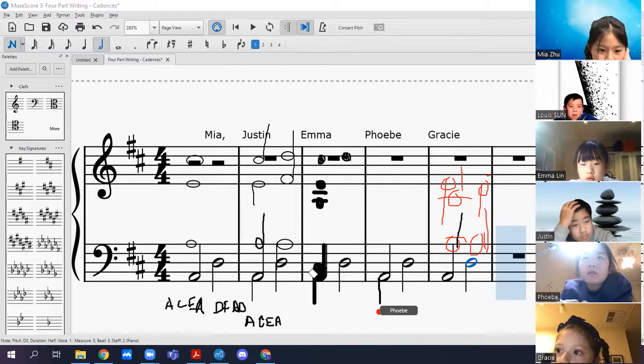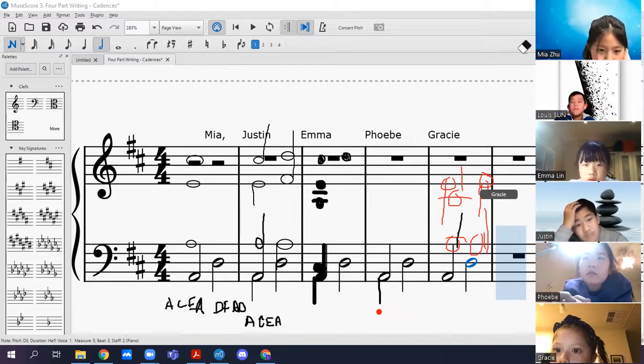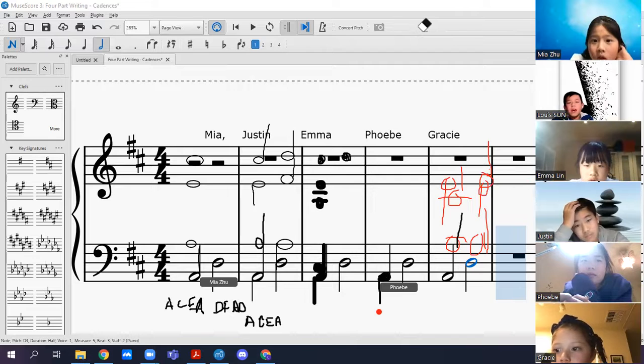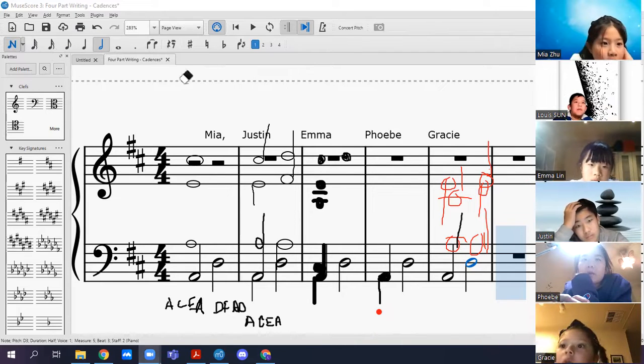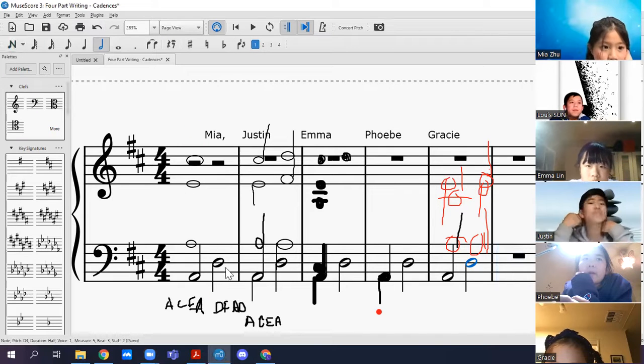Yes. Mia, you might want to turn this stem the other way around. I think I figured it out last time somehow. Let me just try that. There we go.